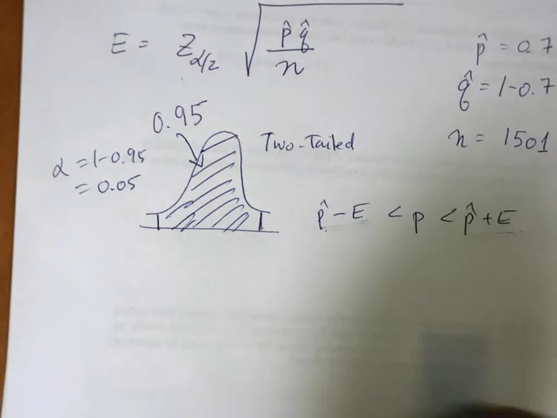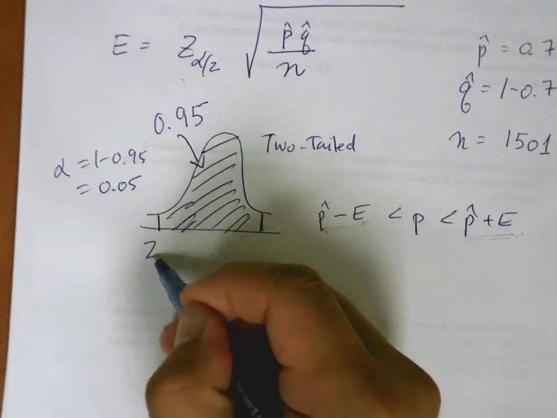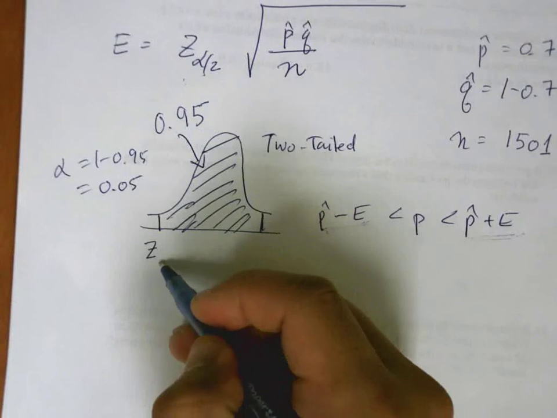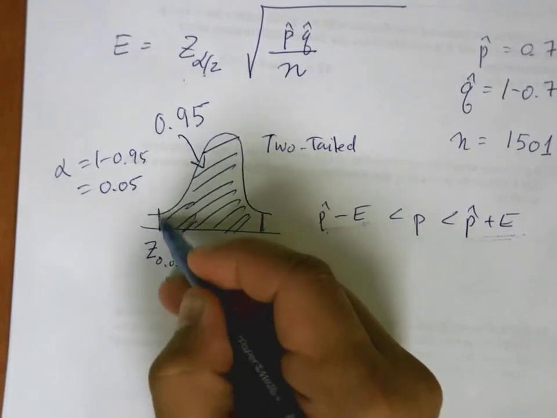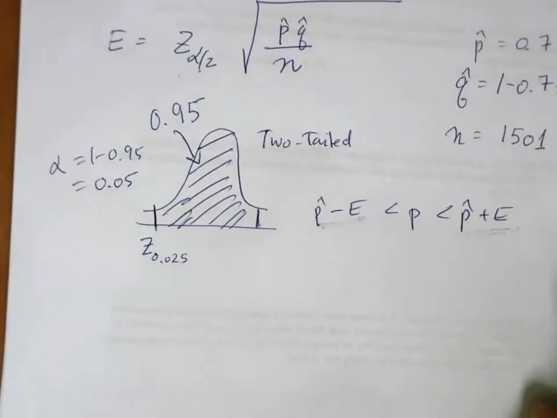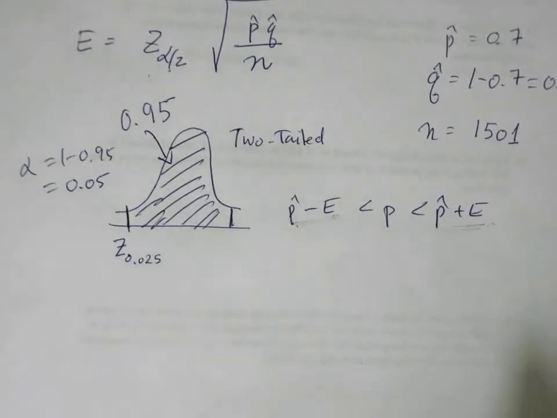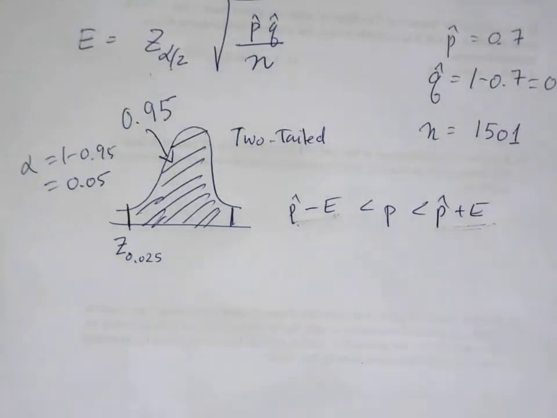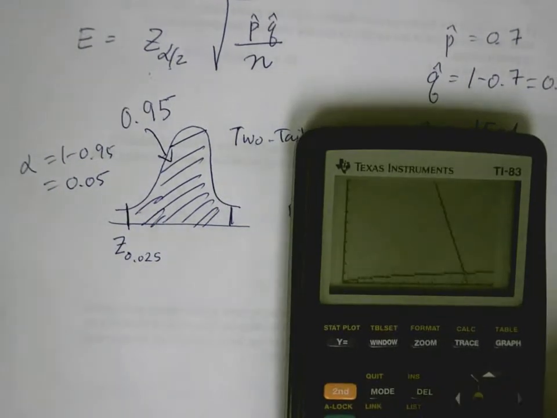So this is Z alpha over 2, so this is the Z-score that corresponds to 0.025. So this Z-score right here. There's a couple ways for you to look at this. You could either use your chart, or you could just as well use your TI-83/84 graphing calculator. So we clear all of that out.